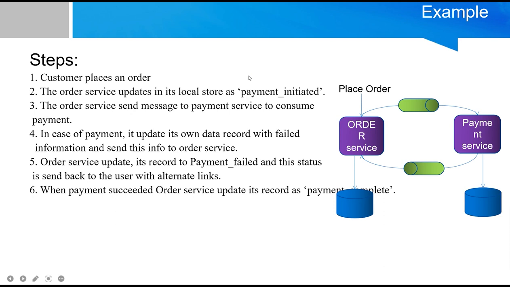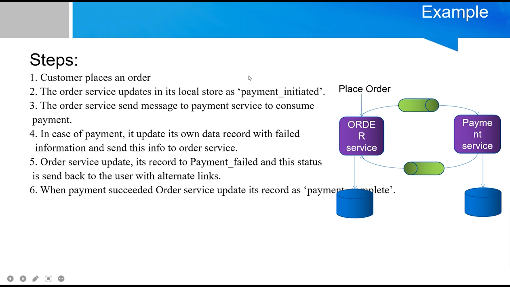This kind of scenario might happen, but we all know that after a certain time both databases will have the same consistent state related to that order. Hope this is clear to all of you.